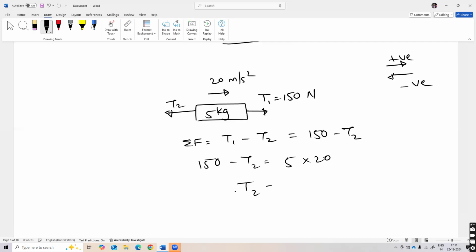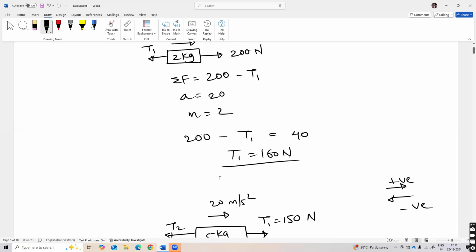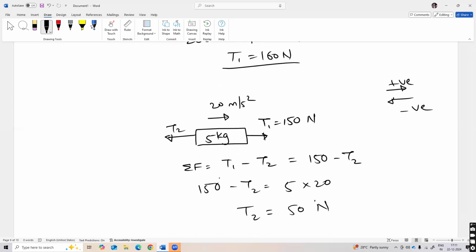So T2 here is basically 150 minus 100, so it is equal to 50 Newton. Sorry, I think I made a mistake. T1 was 160, so it will be 60 Newton.